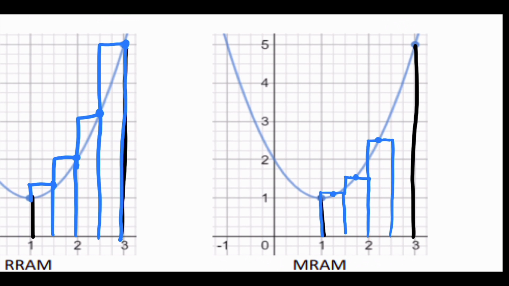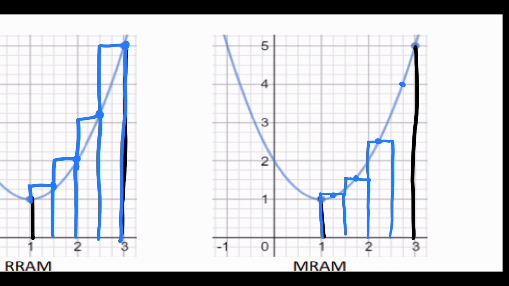And then the last rectangle is from 2.5 to 3. Halfway from 2.5 to 3 is 2.75 right here. That one touches there. That's going to be the height of my last rectangle.